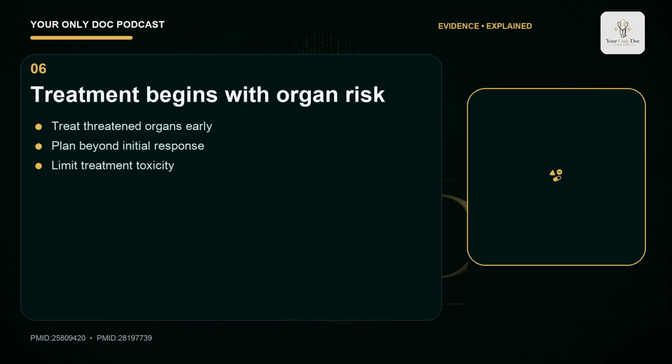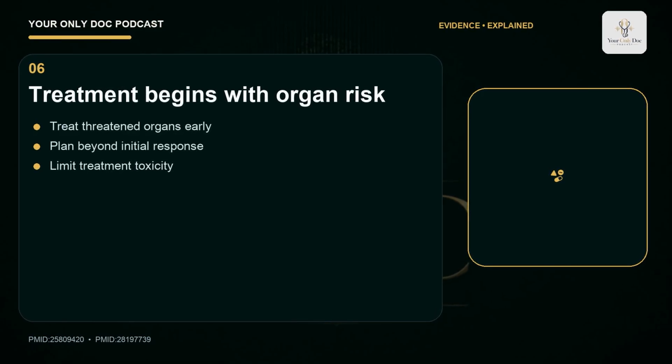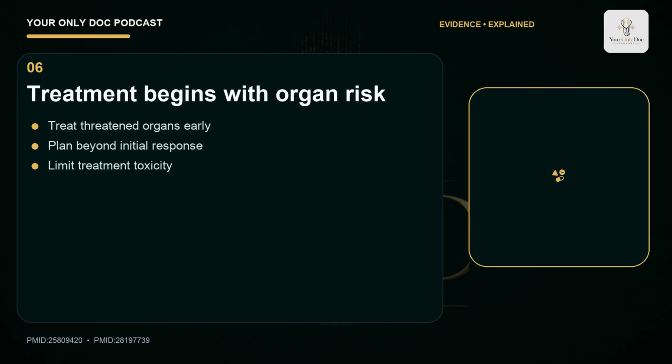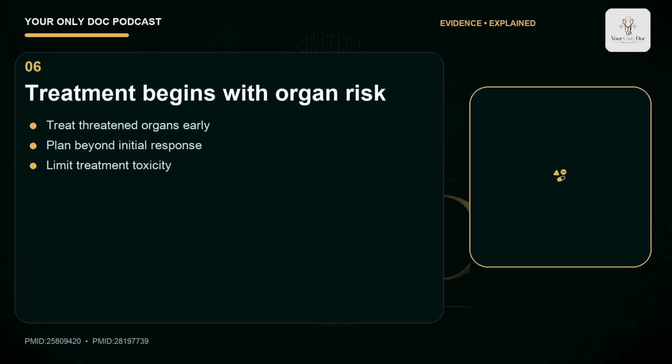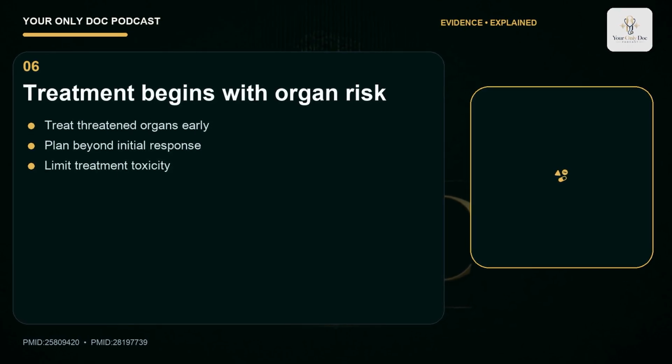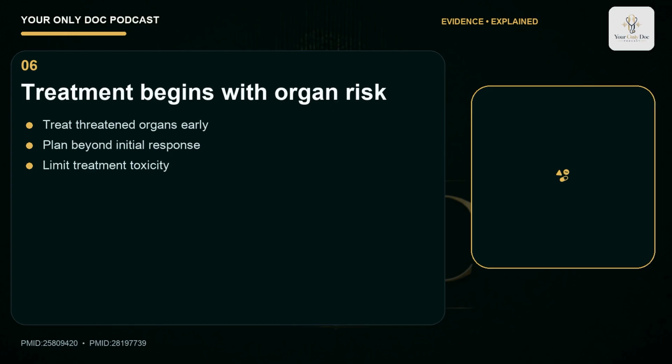Treatment is guided by active inflammation, symptoms, and the danger of losing organ function. Glucocorticoids have traditionally been used to induce remission and often produce a rapid clinical response. But response to steroids does not confirm the diagnosis, and relapse during or after tapering is common enough to require a longer plan.